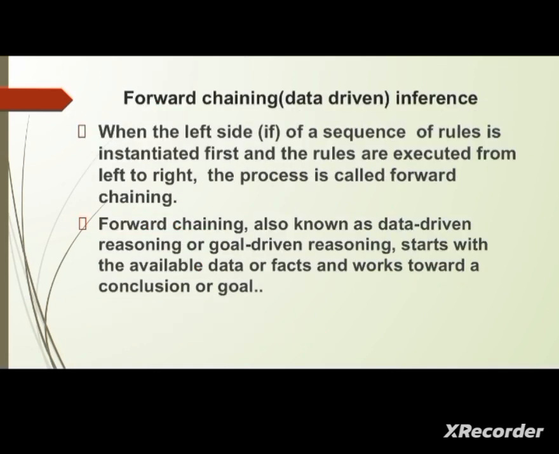First we talk about forward chaining. It is also known as data-driven inference. When the left side, that is the if part of a sequence of rules, is instantiated first, then the rules are executed from left to right. The process is called forward chaining.